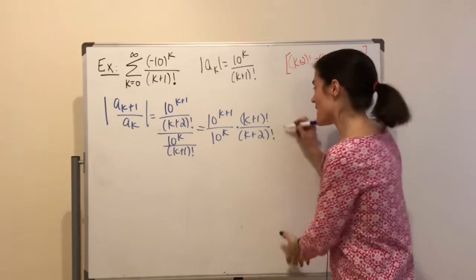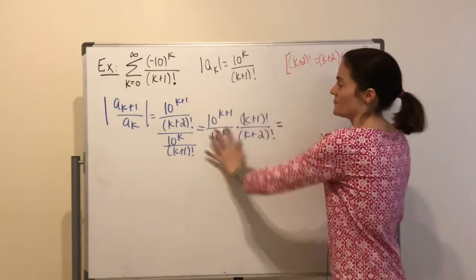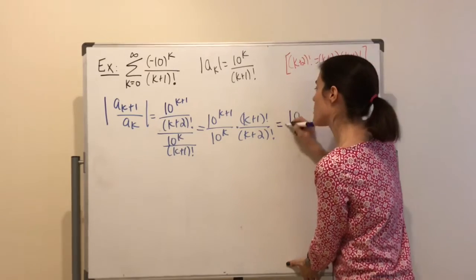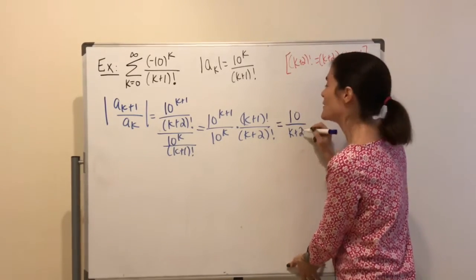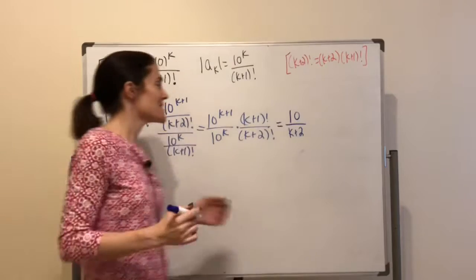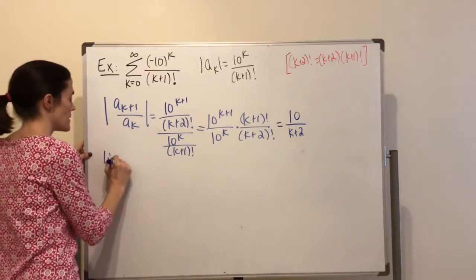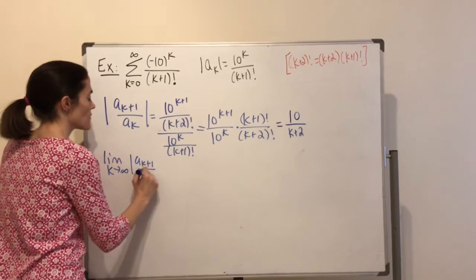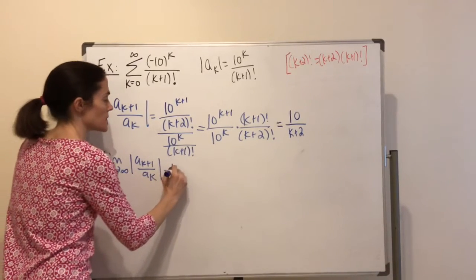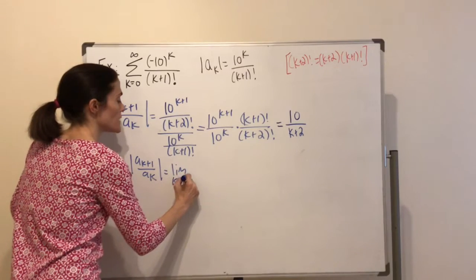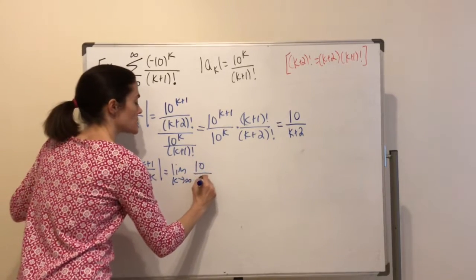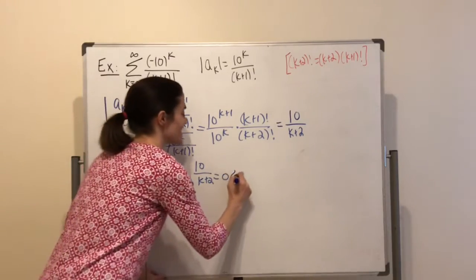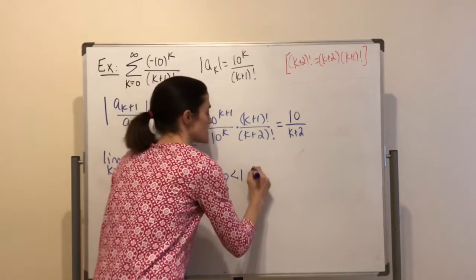So when I simplify, I have a 10 in the numerator and a k plus 2 in the denominator, and now I take the limit as k goes to infinity of the absolute value of a sub k plus 1 over a sub k. This is the limit as k goes to infinity of 10 over k plus 2, which is 0. This is less than 1, by the ratio test.